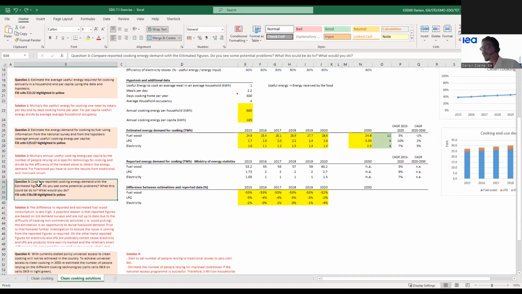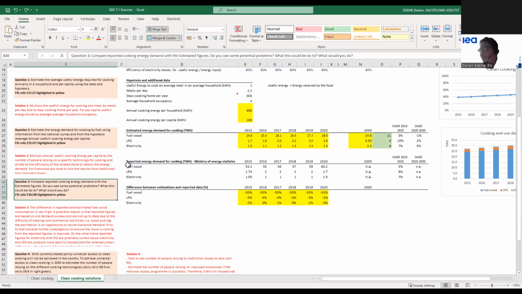Then the next question is to compare the reported cooking energy demand with the estimated figures, and to see if you are able to spot some potential problems, some differences, with respect to the reported data, for example, in this case, from the Ministry of Energy Statistics.